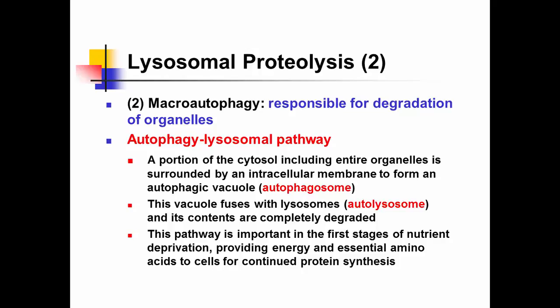The vesicle system can embed the whole damaged or old organelles like mitochondria and form the autophagosome, and the autophagosome eventually fuses with the lysosome, right? And then the lysosomal enzymes are able to degrade the mitochondria and the proteins.